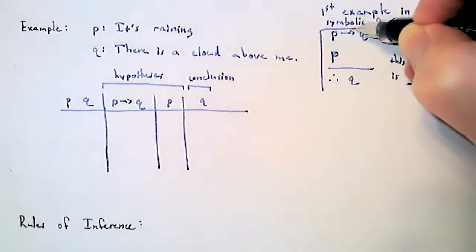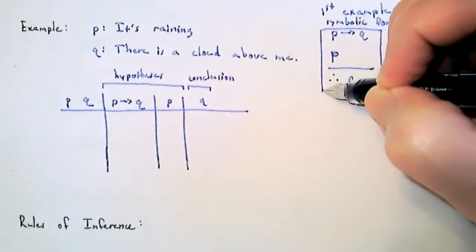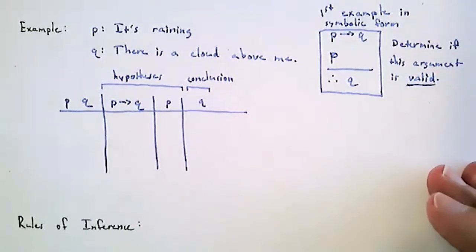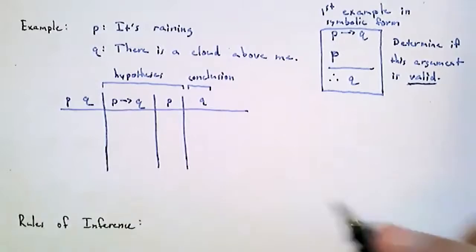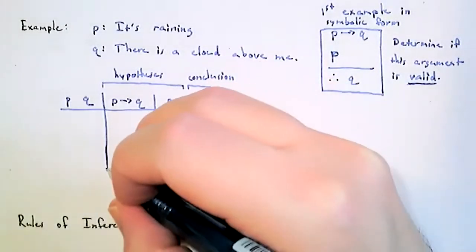And you always want to include these columns just for good practice for when it comes to those more complicated kinds of propositions in your argument.